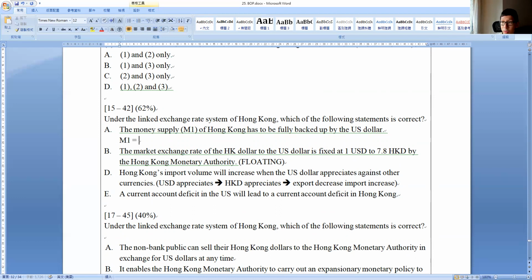M1 equals to cash held by public plus demand deposit. 記唔記得？Okay, true. Now, as opposed to M0, CP plus reserve. Remember, we talk about M0 because they are physical money.